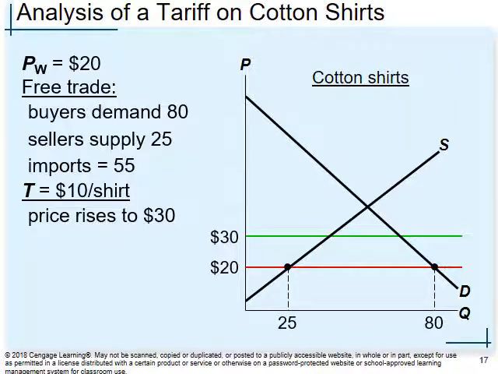This $10 raises the price of the shirt to $30 from $20, since it is added to the price of the imported shirt. And as a result, because the price has increased from 20 to 30, consumers will now buy only 70 shirts as compared to 80 shirts when there was no tariff.